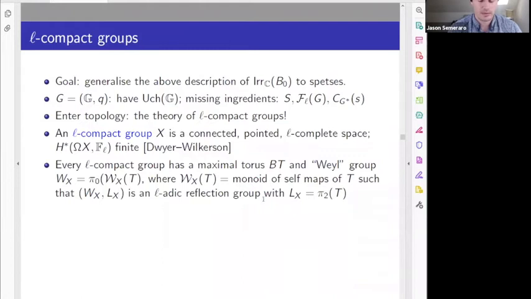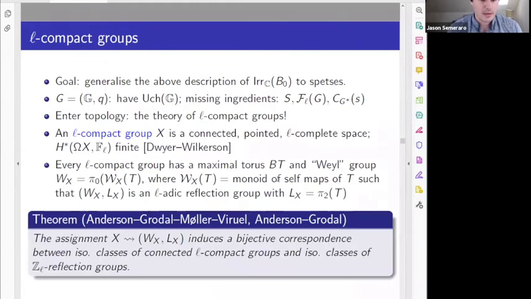But I guess there's obviously a lot of information which we haven't yet extracted, if you like. So there's the theorem that we'll need, using this structure: one can assign to every l-compact group X a pair (W_X, L_X), which is a Z_l reflection group, in a one-to-one manner.